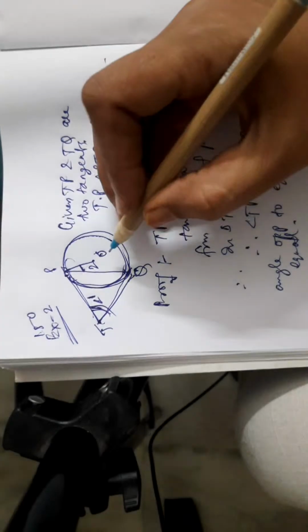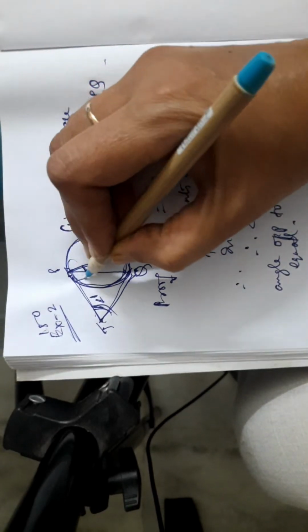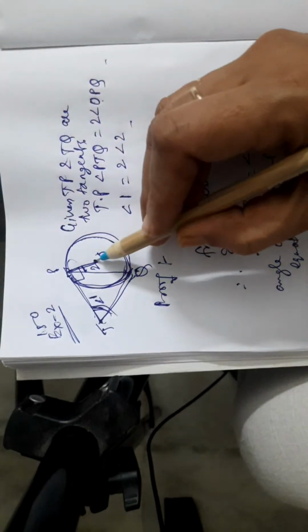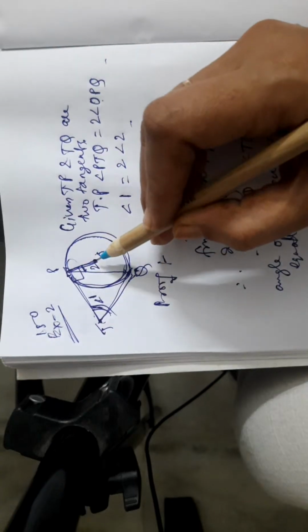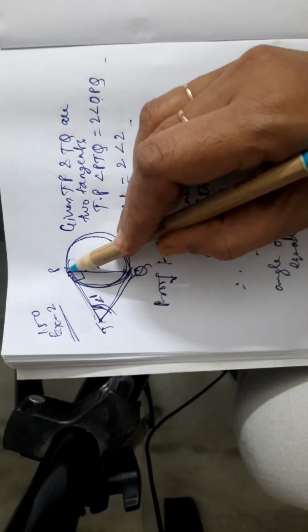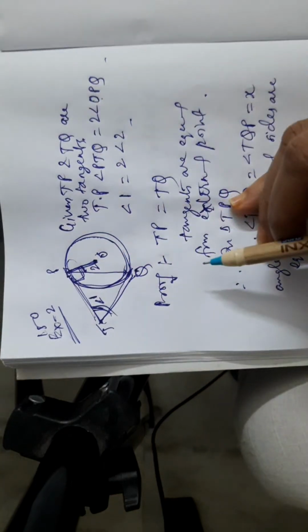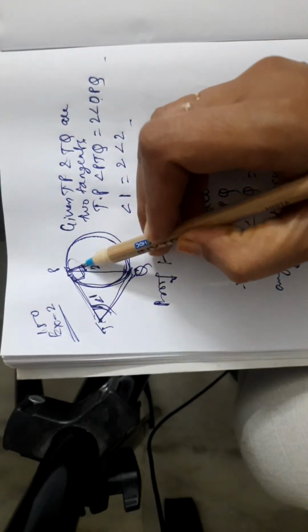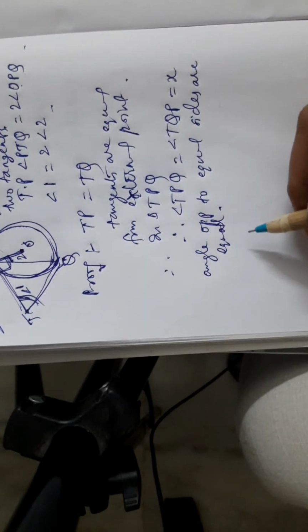Moreover, one more property is there in the tangent. The angle at the point of contact is always 90. If we drop a radius, or perpendicular from the center, on the tangent at the point of contact, that will always be 90. So this angle will be 90. Now we can find the value.